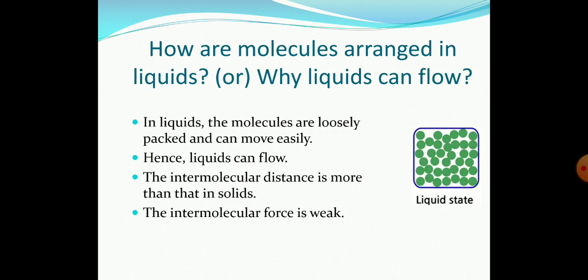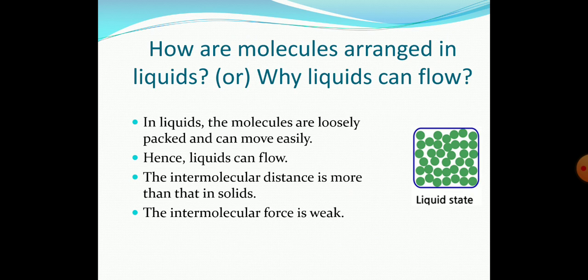How are the molecules arranged in liquids, or why can liquids flow? The molecules in the liquids are loosely packed. That is, there is some space between them so they can move easily. Hence, the liquids can flow. The intermolecular distance is more in liquids than in solids. The distance increases, so the intermolecular force is weak.